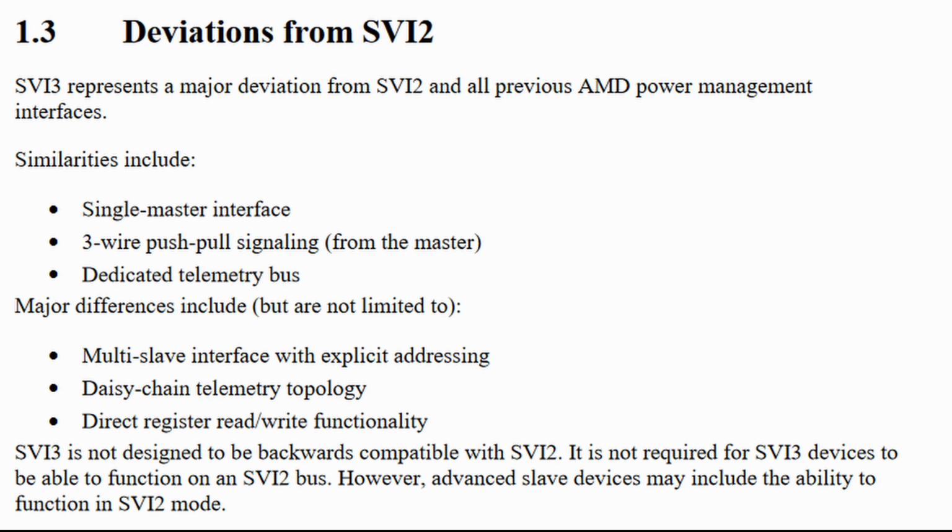SVI3 represents a significant deviation from SVI2 and all previous AMD power management interfaces. SVI3 is not designed to be backwards compatible with SVI2, so some SVI3 devices may not be able to communicate over the SVI2 bus. However, advanced devices may support SVI2 as well.